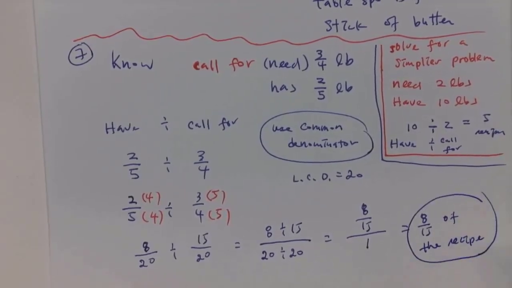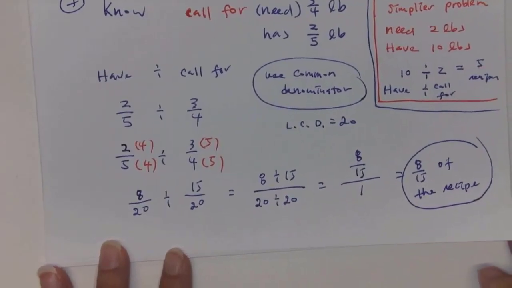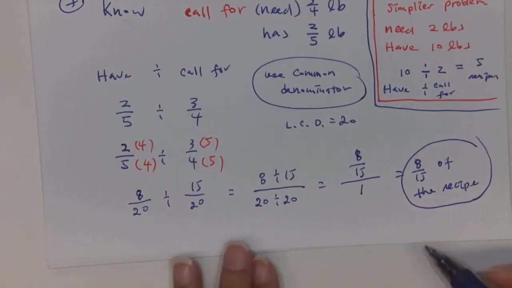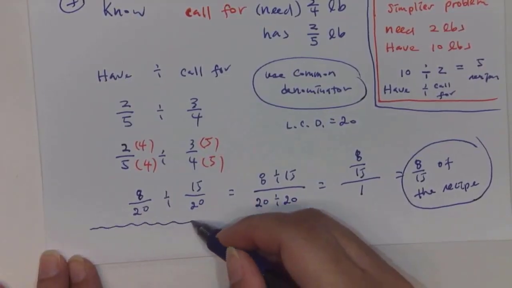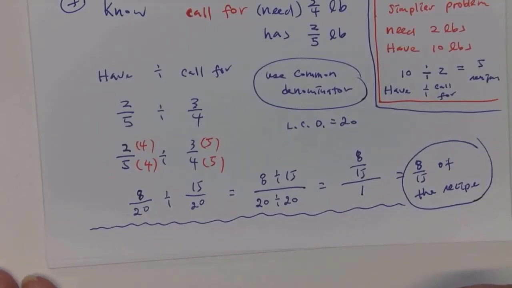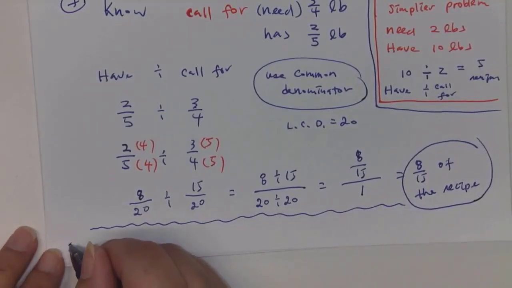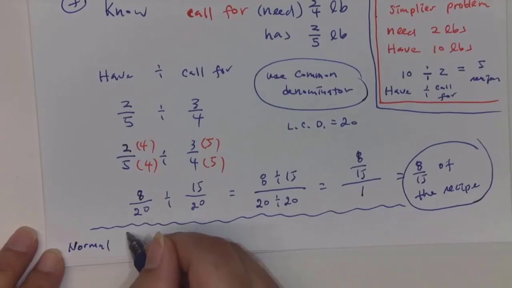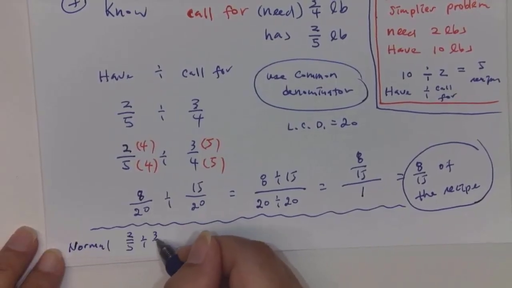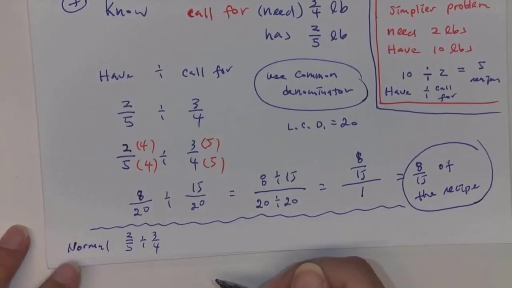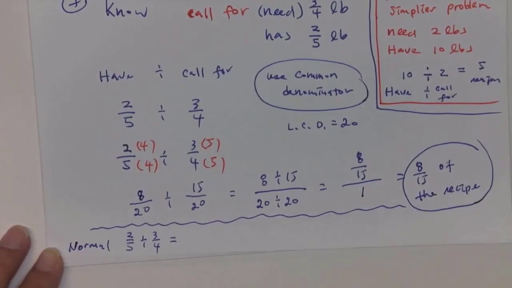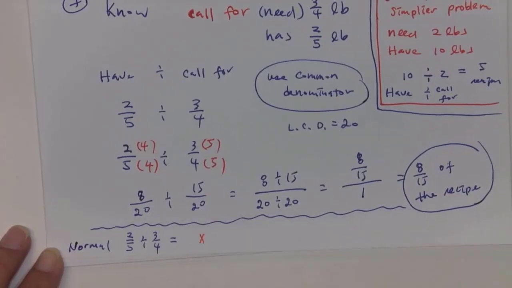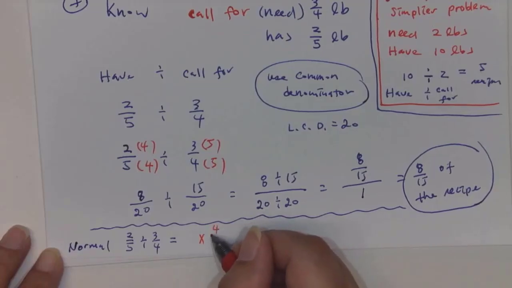So you can only make 8/15 of the recipe, which is a weird thing to figure out, but that's what they have here, right? But if I use the normal way to divide that, how do I divide that? If we started with 2/5 divided by 3/4, I'm just checking the answer. So normally if it's a division of fractions, you change it to multiplication and flip the second one, so 4 over 3, right?